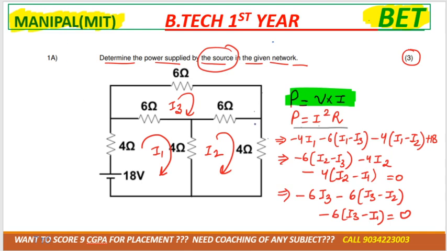After solving all these three equations, we can get the current I1. Power supplied by the source means P is equal to V into I. Voltage is 18 volt and the current is I1. So substitute the value of I1 here and then you will get the power.